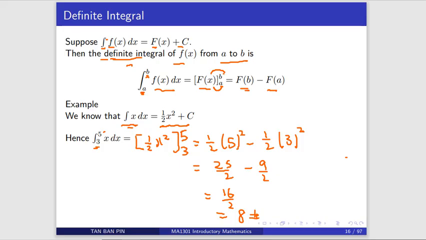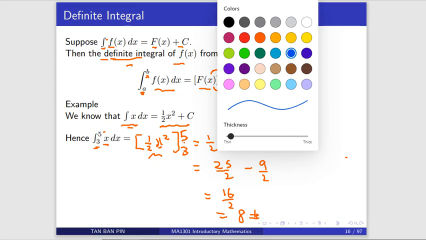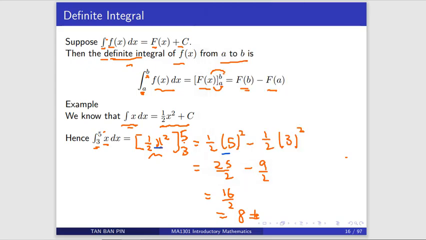If you integrate x from 3 to 5, integrating x gives you half x squared, then you write 3 below and 5 on top. So basically you sub x as 5, and after that you sub x as 3, and eventually you get the answer 8.